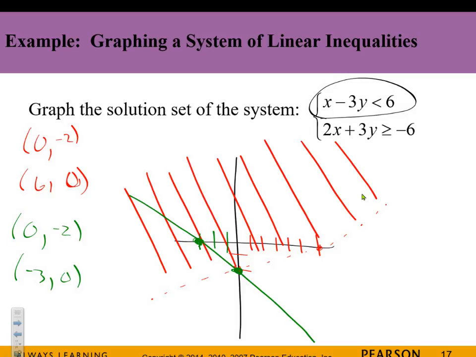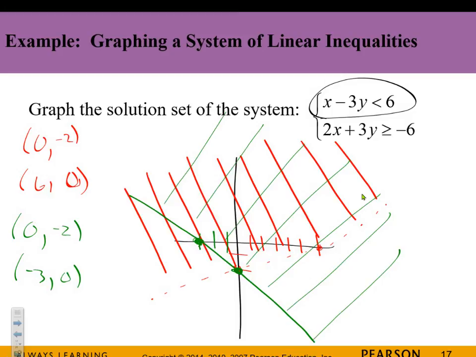We're shading 0, 0. We're looking for the area that has both shades in there. So, is this region a solution? Is this region a solution? No, it's only going to be this solution right here. So let me kind of try to solidify it a little bit. It's all of this.